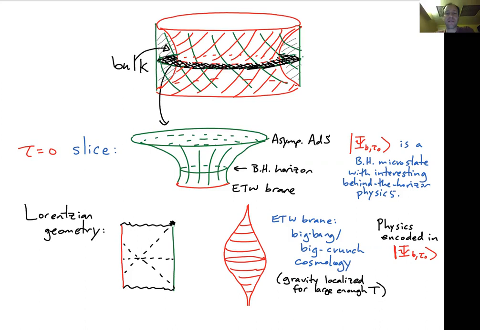Well, all of the degrees of freedom are here. We have many states of the CFT that, from the perspective of this outside-the-horizon geometry, just look like a Schwarzschild black hole.